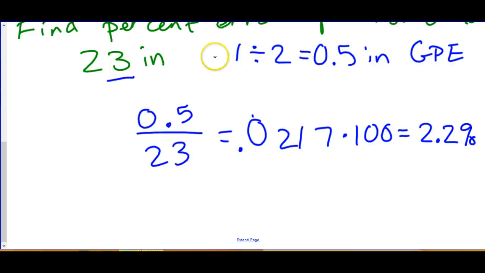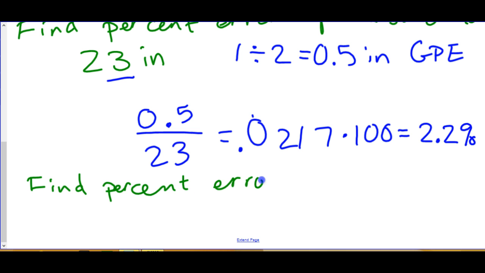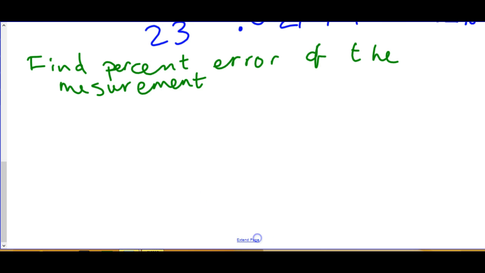Now if we took that same question, find percent error of the measurement, and this time instead of 23 we said 23.6. Now the place that we're measuring to, the units place, is tenths. So now we have 0.1.